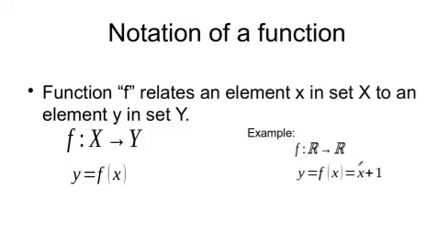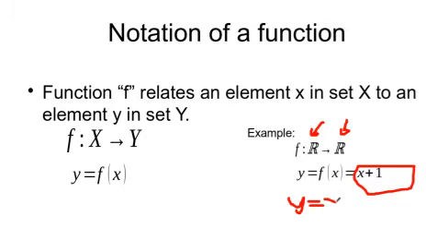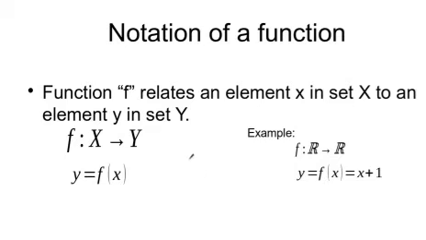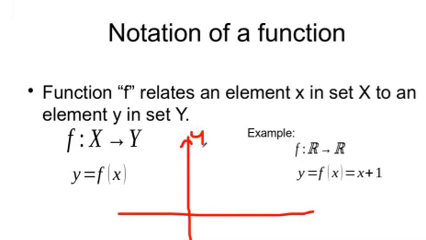So in this example, x plus 1, why did I use R into R? What is y equals x plus 1? What does this represent? This represents a straight line. If I draw this in the Cartesian plane, y equals x plus 1 goes like this, right?